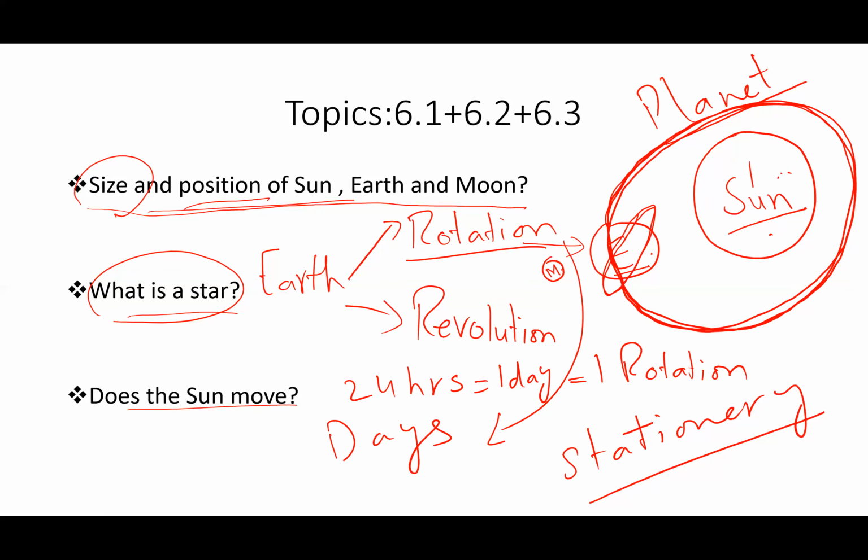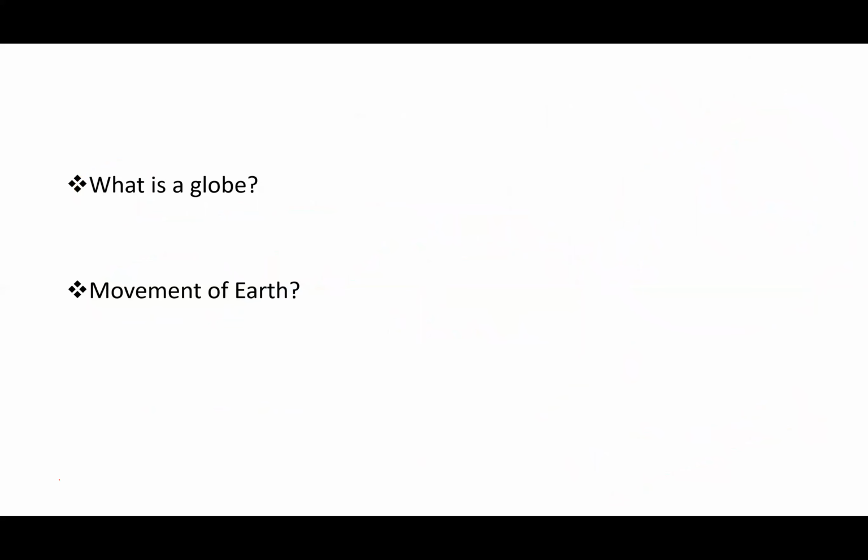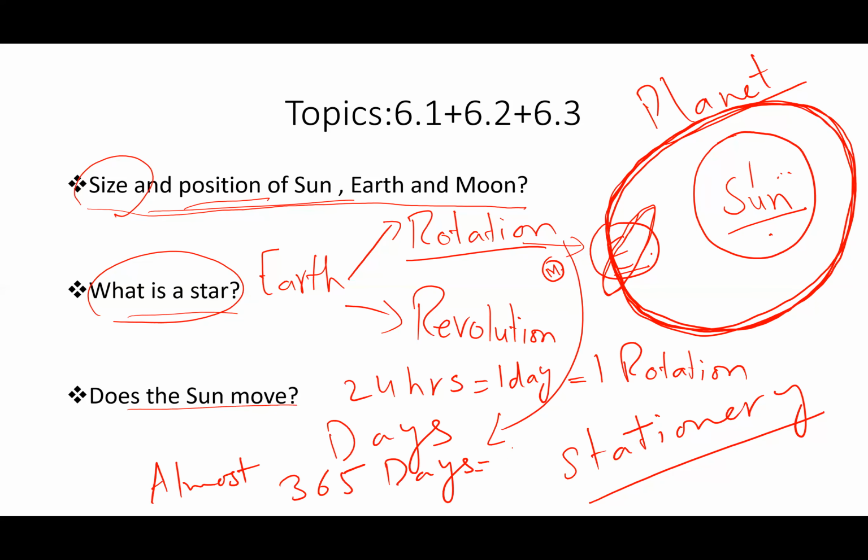As you can see, it's way bigger than the movement of the rotation, and it takes almost 365 days for the Earth to complete 1 revolution. So it takes one year or 365 days for the Earth to complete 1 revolution around the Sun.